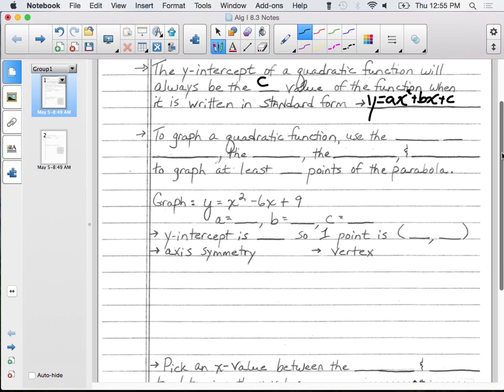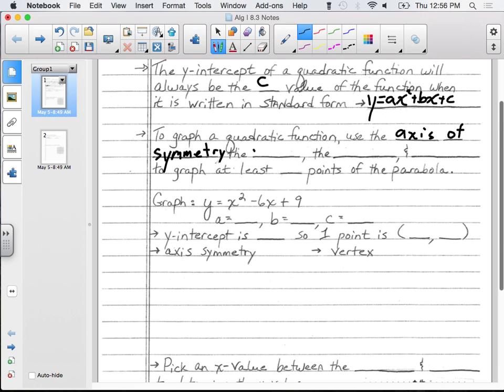Alright. Now we're going to be using 5 things to graph our quadratic functions. The first one, we're going to use our axis of symmetry. So everyone knows that the axis of symmetry splits the parabola in half, 2 symmetric halves, so whatever is on one side, if we flip it over, everything should be the same on the other side.